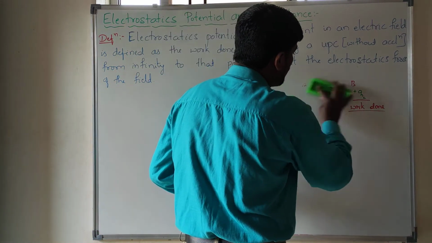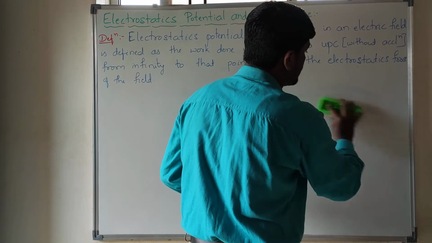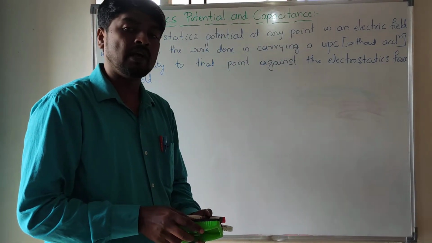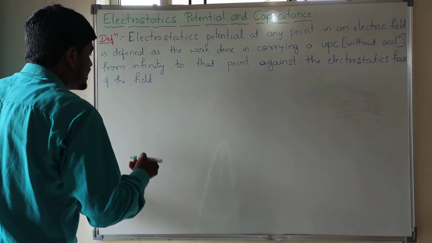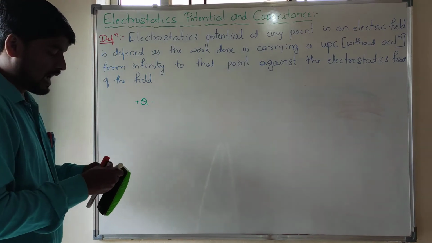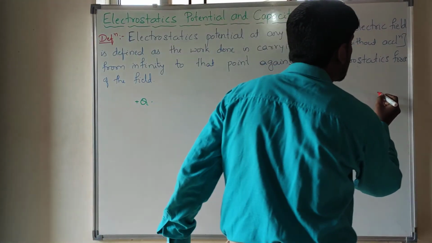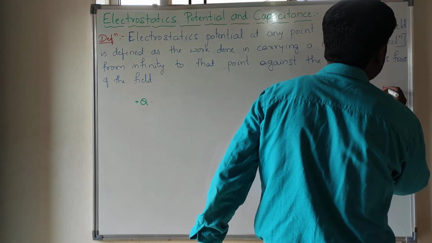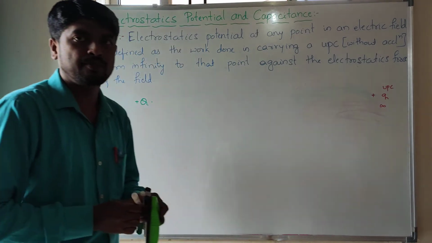Friends, instead of keeping these two charges at a small distance R, suppose I separate them by a larger distance. Let us say we have a point charge plus Q here, and I place another charge, a unit positive charge, UPC, and the distance between them is infinite.